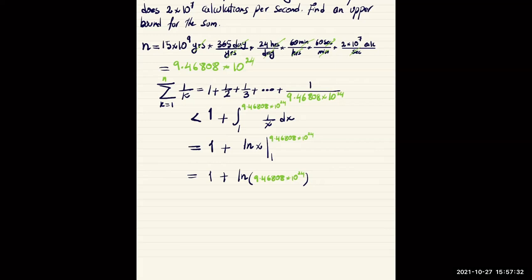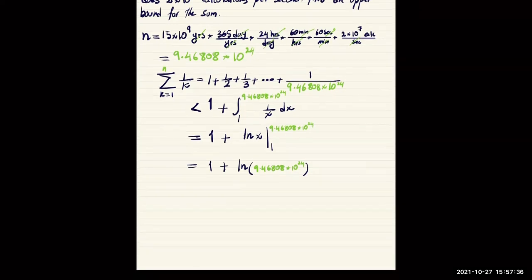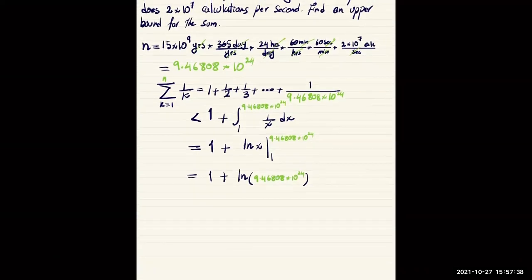And I get 57.5. Yes, Anna is way ahead of me. I get 57.509. Approximately 57.51. So the answer here is 58.51.